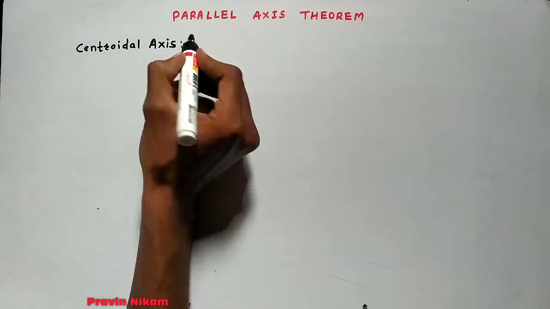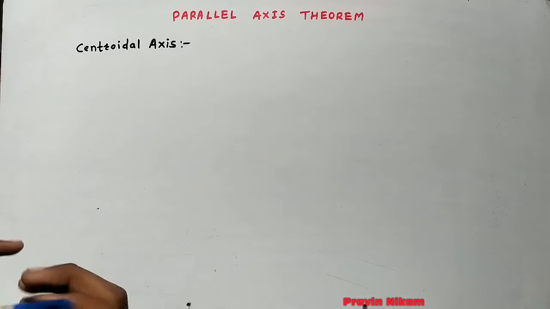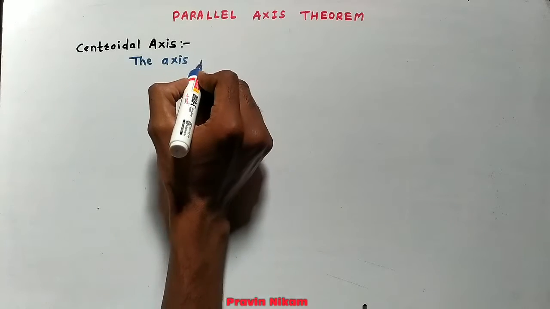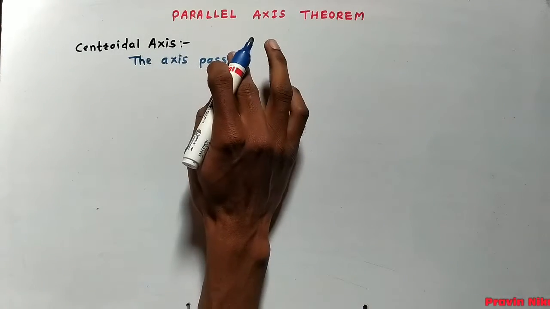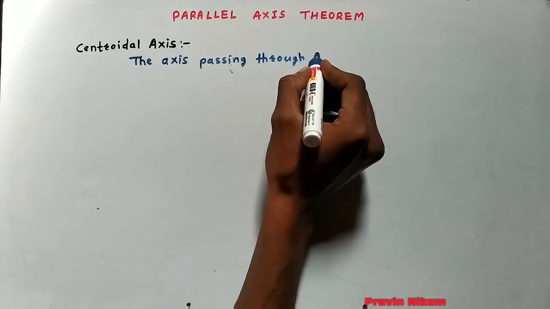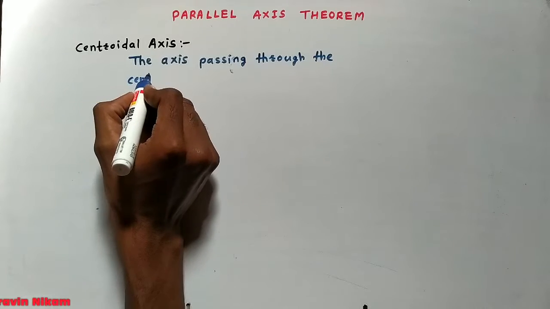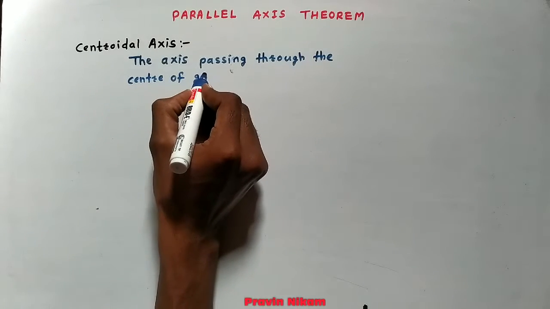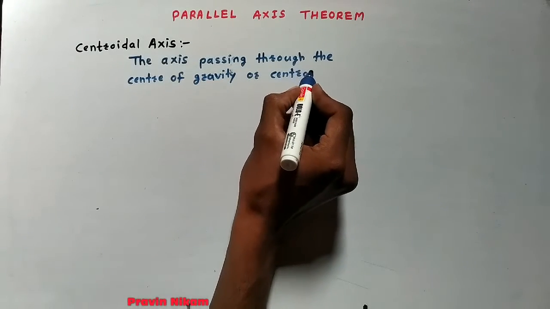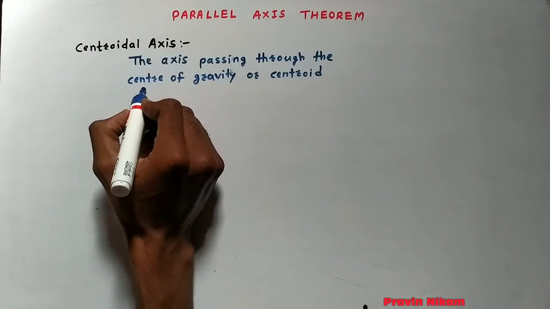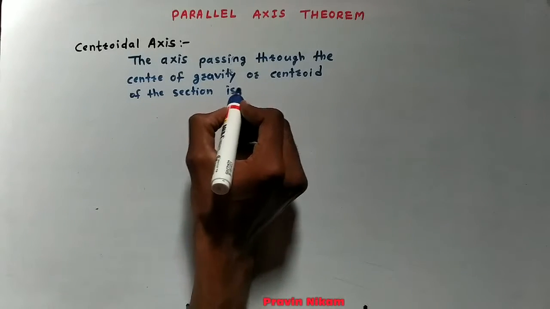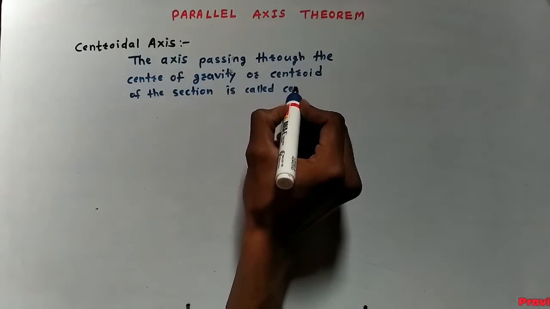Centroidal axis. What is centroidal axis? The axis passing through the center of gravity or say centroid of the section is called as centroidal axis.